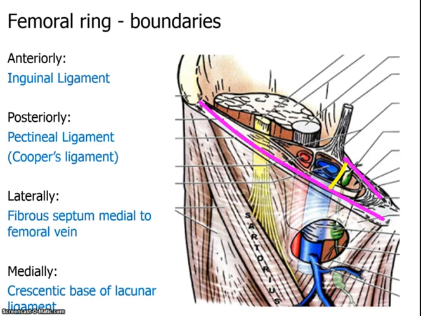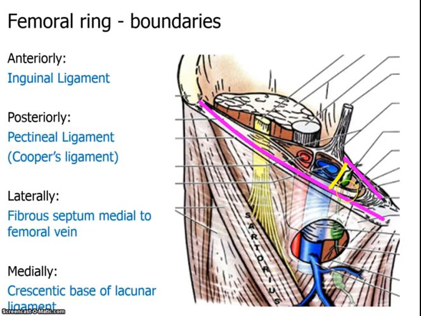Now, when it comes to the boundaries of the femoral ring, the lateral boundary is the femoral vein and the septum lying medial to the femoral vein here, and the posterior boundary is the pectineal ligament, and the anterior boundary is the medial end of the inguinal ligament, and medially it is the sharp, free edge of the lacunar ligament.